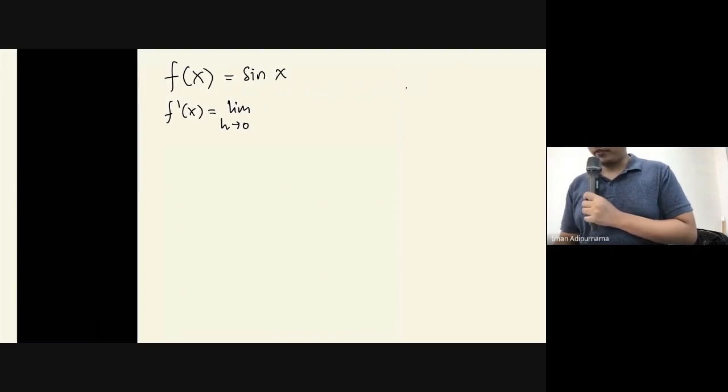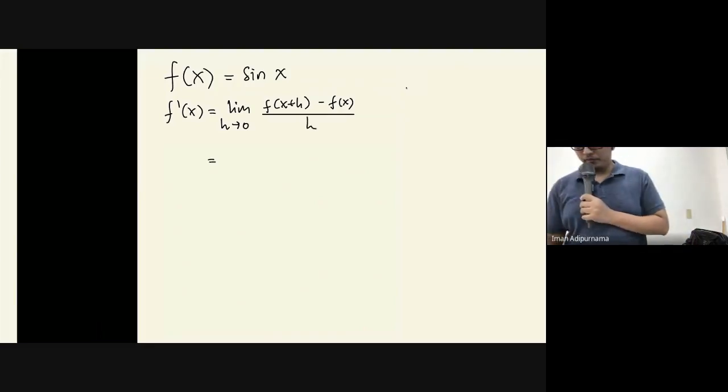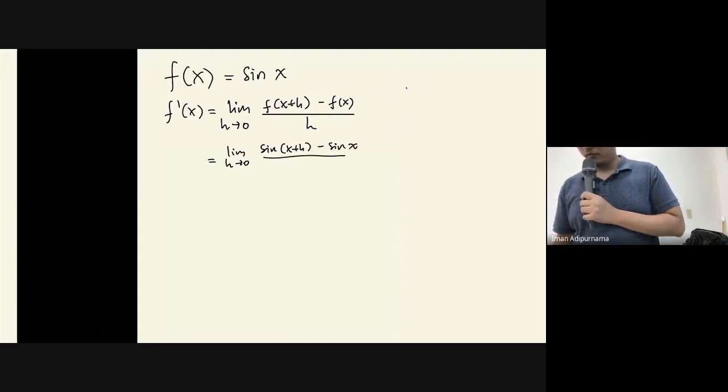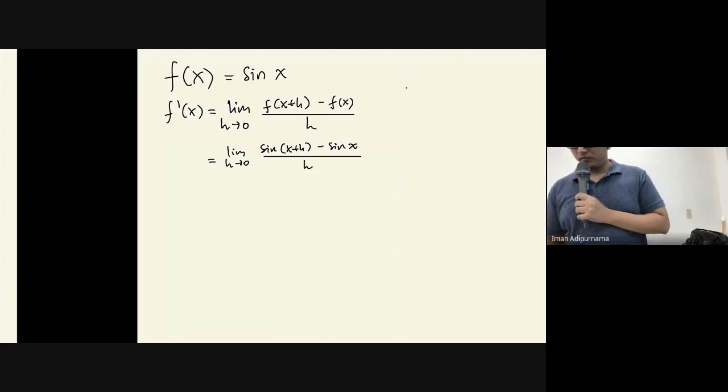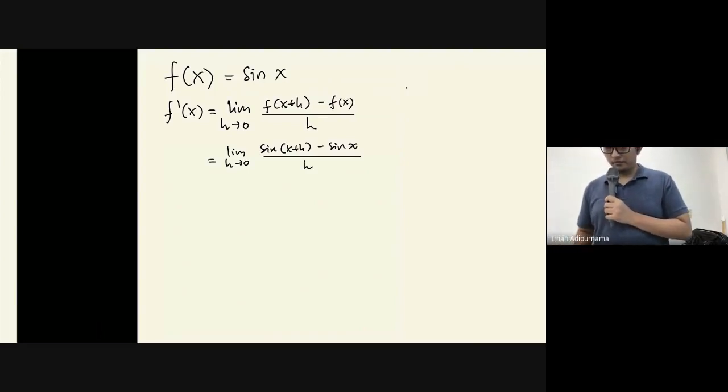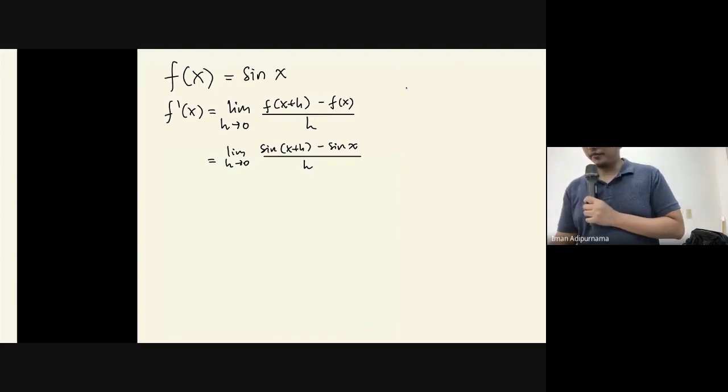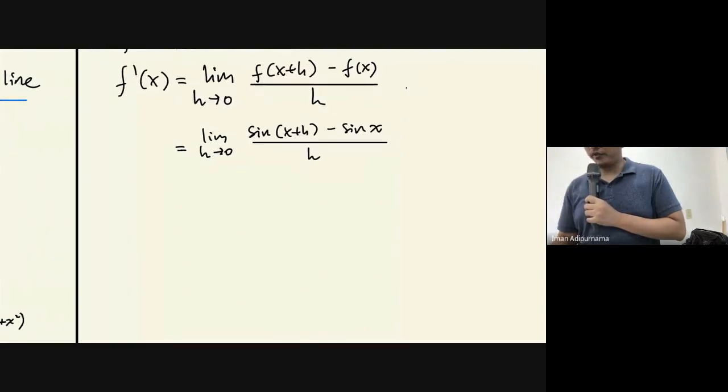Just let me write the functions first. And you need to note some properties of trigonometry.